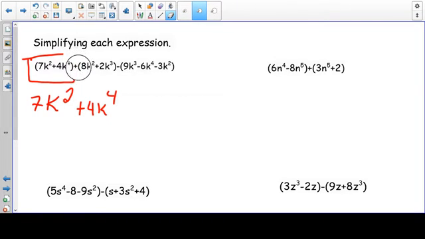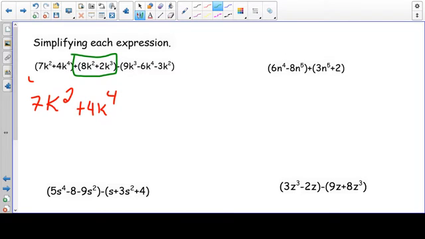Then I'm going to look at these next 2. I have 8k squared plus 2k cubed. And if you notice, out front of my set of parentheses, usually that's where we would see if we multiply things in.